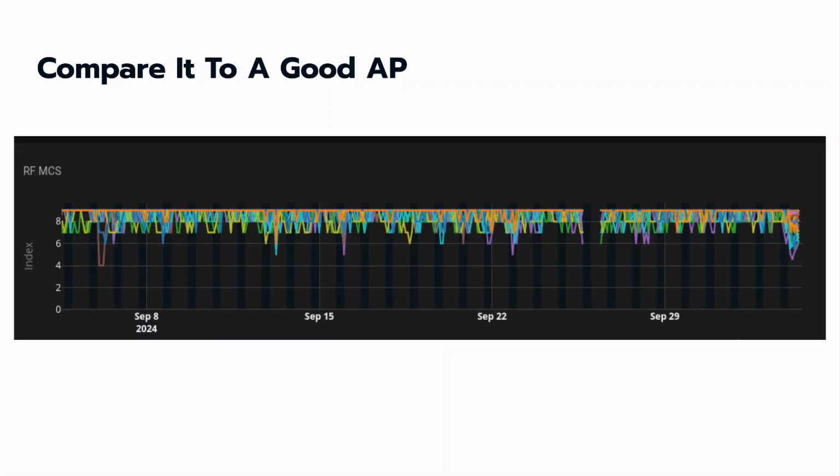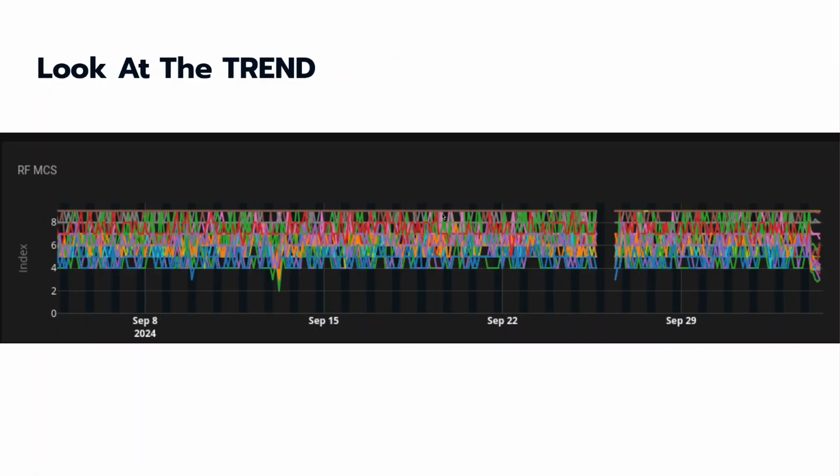This trend looks much different, right? It's a much tighter cluster, grouped between MCS 7 and MCS 10. So it has higher MCS rates, and what I might conclude from this is that there's definitely a difference here based on the MCS rates. It looks like the MCS rates for the high latency access point are potentially causing that problem.